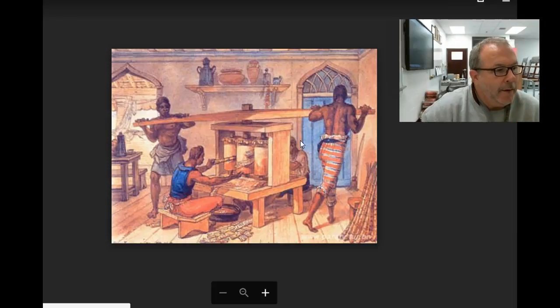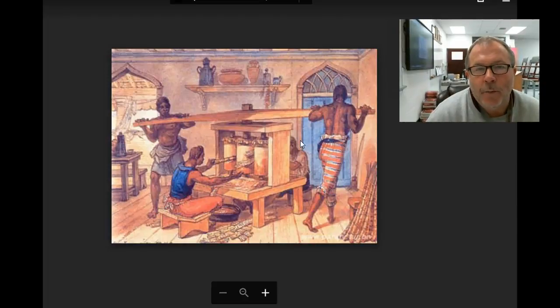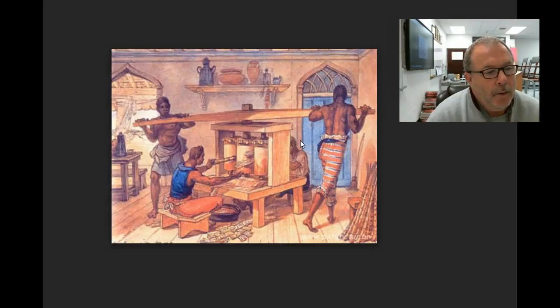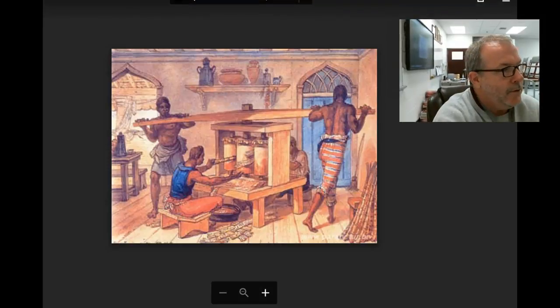Alcohol was a very important part of Americans' lives, all the way back to the Spanish and the Portuguese, and the production of sugar cane in the West Indies eventually was used for alcohol, and the trade of slaves eventually occurred in the southern part of the United States, and is going to play an important role in this unit and the following unit.